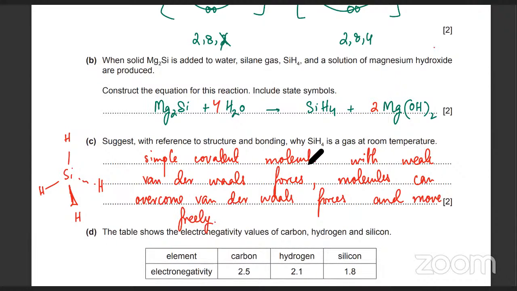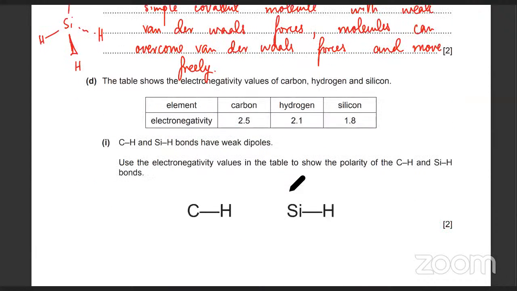Next one, the electronegativity table is given. C-H and Si-H bonds have weak dipoles. Use electronegativity values in the table to show the polarity of the C-H and the Si-H bonds. So if you look at C and H, C is more electronegative.